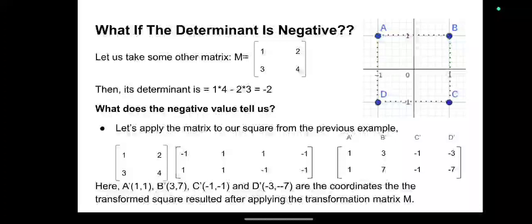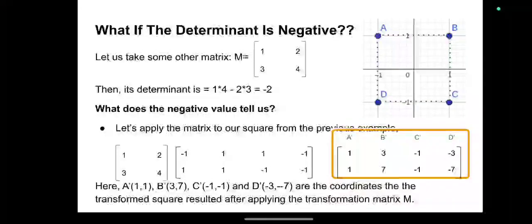So again, applying the given matrix M to our original square, we get the transformed square as follows: A dash, B dash, C dash, and D dash. So here A dash is 1 comma 1, B dash is 3 comma 7, C dash is minus 1 comma minus 1, and D dash is minus 3 comma minus 7.